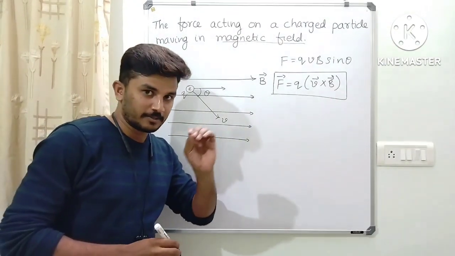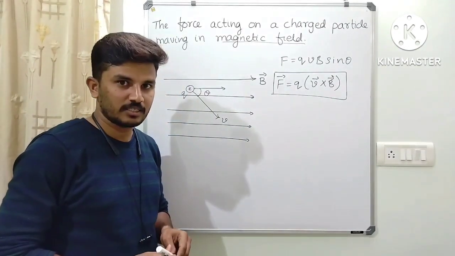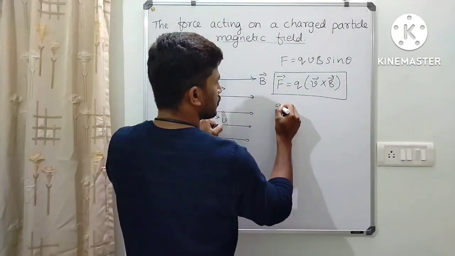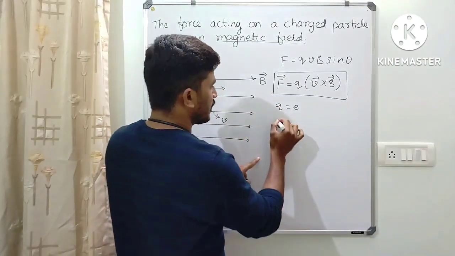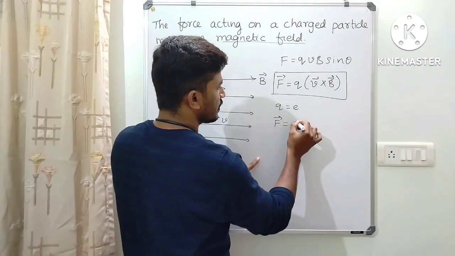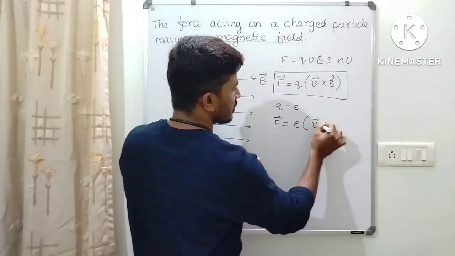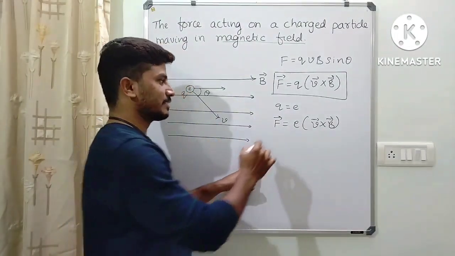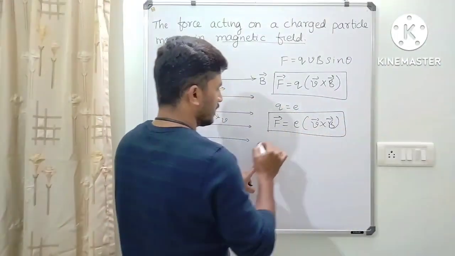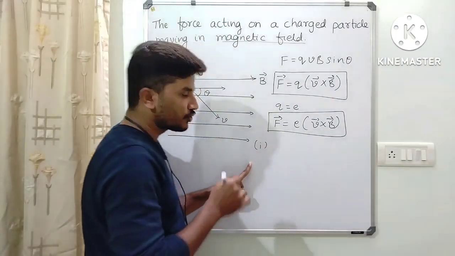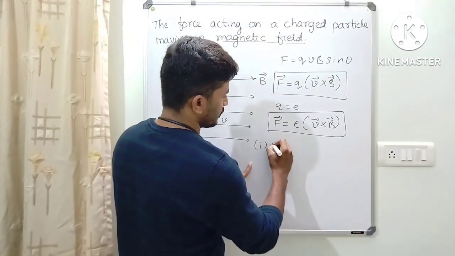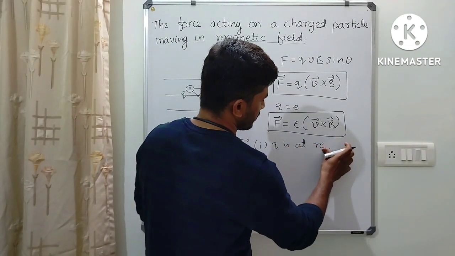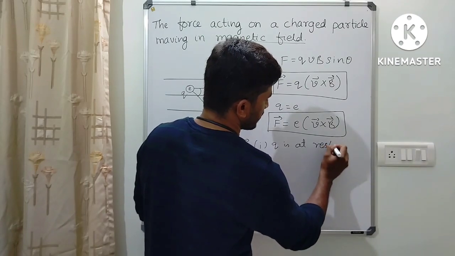So this is in vector form. Here you need to observe one thing: if the charge is at rest, then what happens?